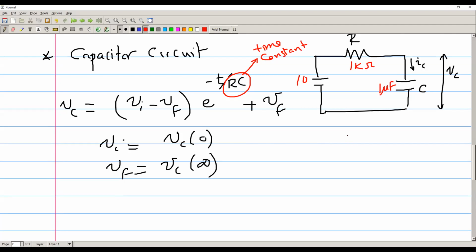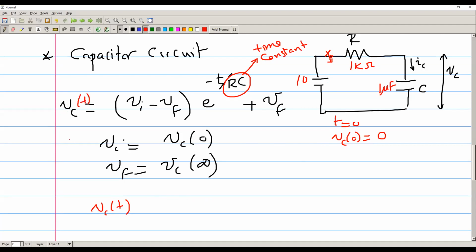Consider that you have a switch that was turned on at t equals 0, and consider that VC of 0 is equal to 0. We need to compute VC as a function of time, using this equation.